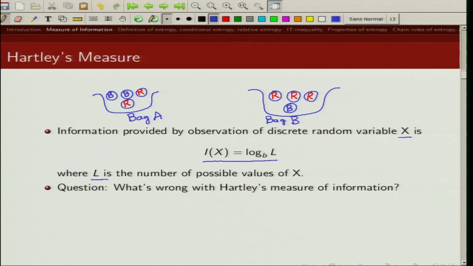Whereas in bag A, blue balls and red balls are equally likely. So clearly the event of picking a ball from bag A has more information, because it's difficult to predict the color of the ball, since blue and red are equally likely, whereas in bag B, red balls are more likely.